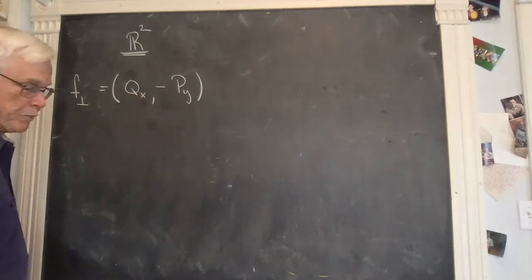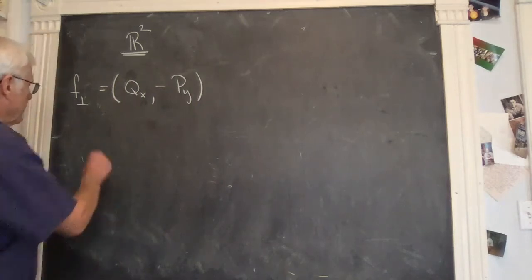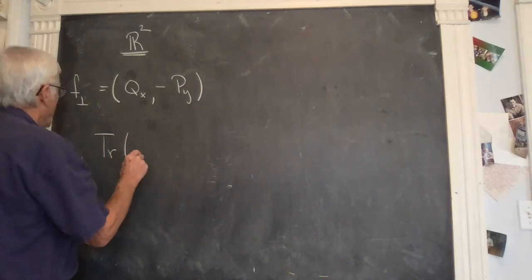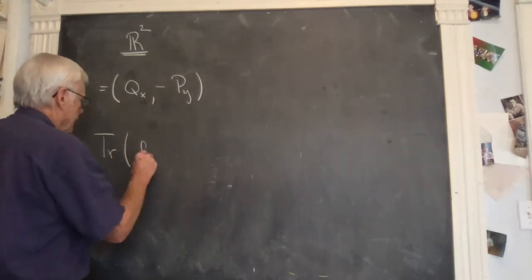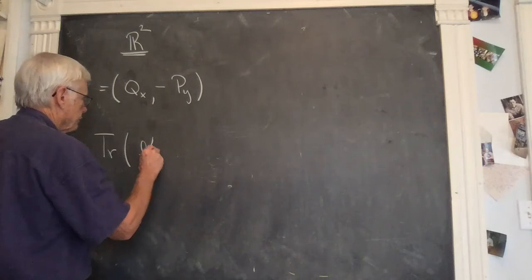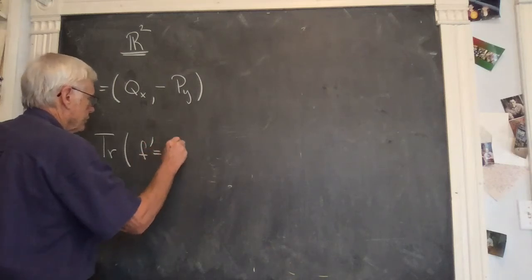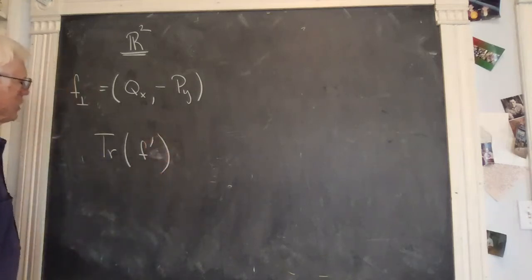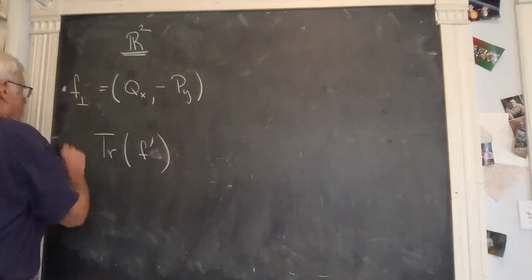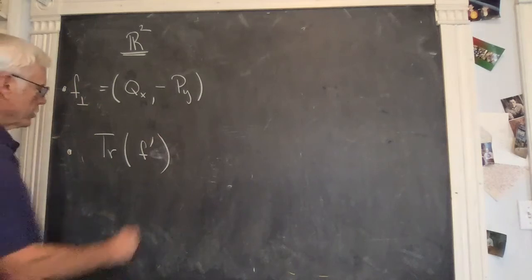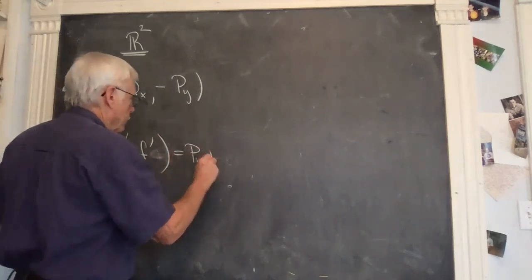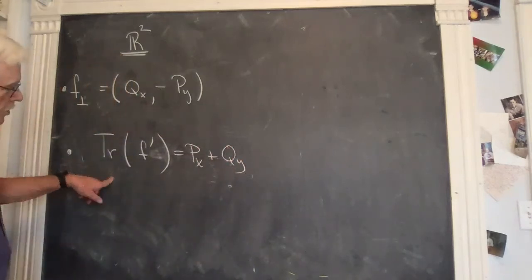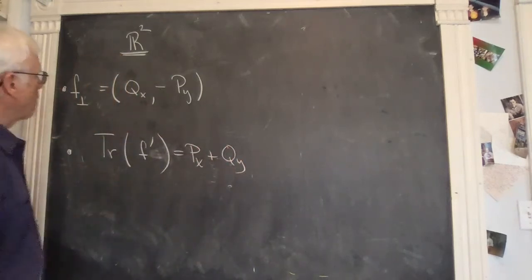And the other one that came about in the form that I gave you is the trace of F prime. So both of these were important, and this was p sub x plus q sub y. The trace meaning the sum of the terms on the main diagonal.